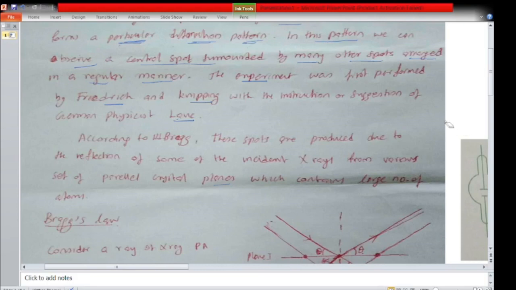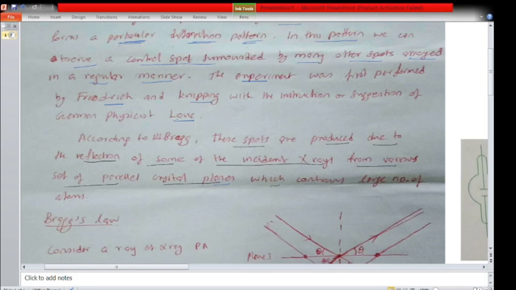According to W.L. Bragg, the diffraction patterns produced by X-rays passed through a crystal, those spots, are produced due to the reflection of some of the incident X-rays from various sets of parallel crystal planes.